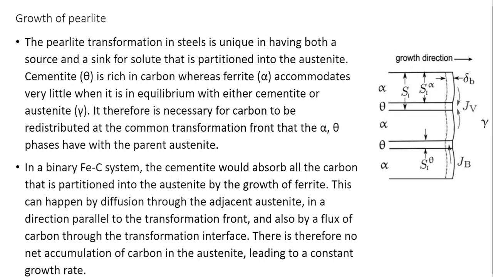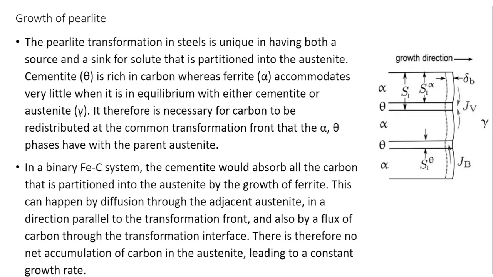Now the growth of pearlite. The pearlite transformation in steel is unique in having both a source and sink for solute that is partitioned into the austenite. Cementite is rich in carbon, containing 6.67% carbon by weight, whereas ferrite is very low in carbon, so it doesn't accommodate much carbon, whether it is in equilibrium with cementite or austenite.